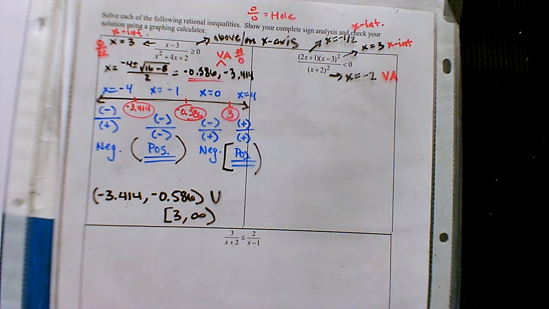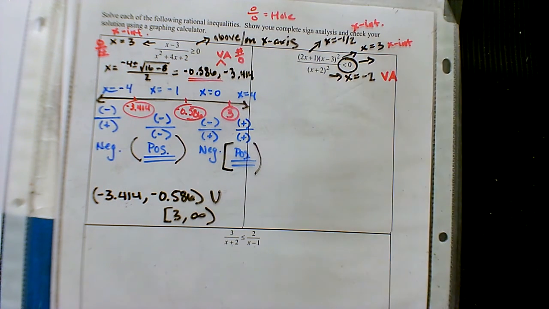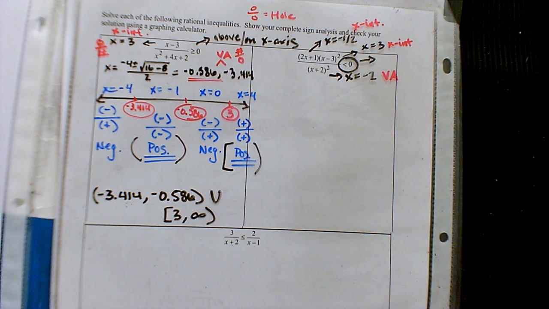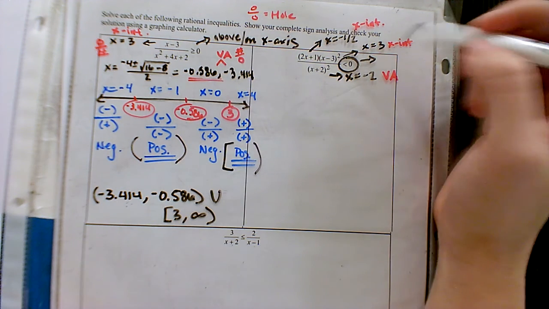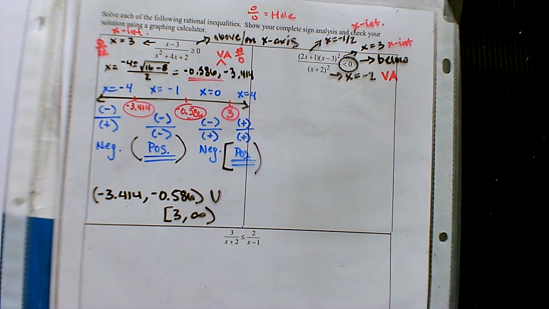All right, let's go ahead and check out the inequality. If we want to be less than 0, can we list what we should be identifying after we do our number line? What are we looking for? Yeah, any numbers that are below the x-axis.